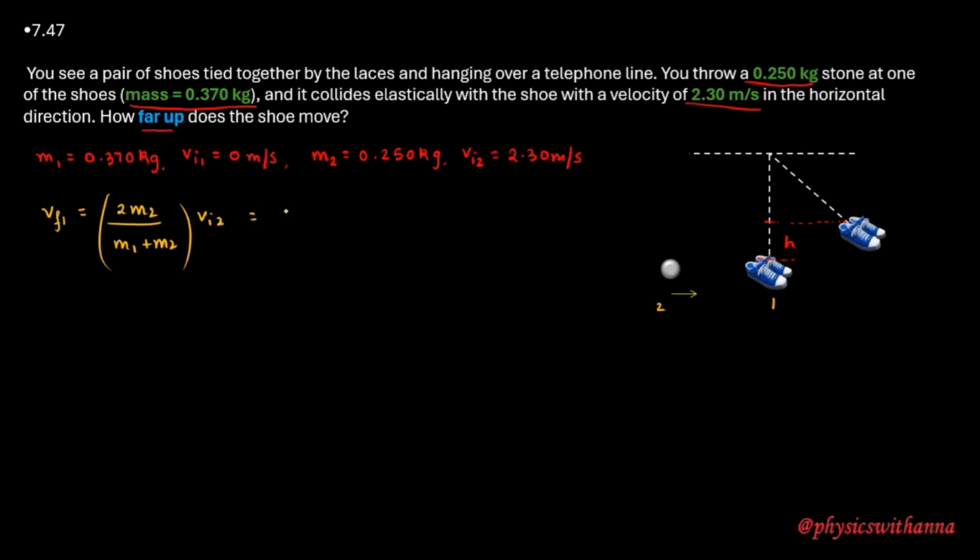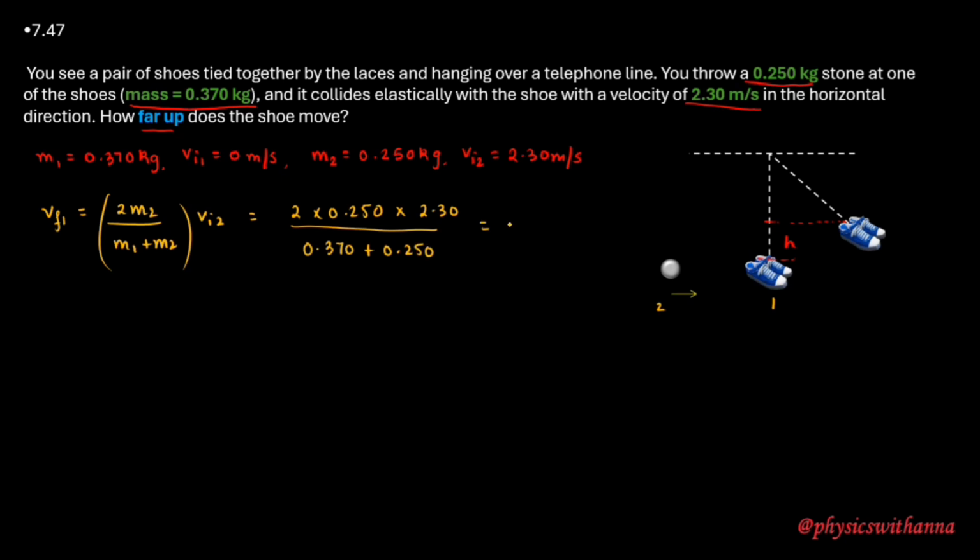So let's substitute. Mass of the stone is 0.250, initial velocity of stone is 2.30, over mass of the shoe is 0.370 plus 0.250.